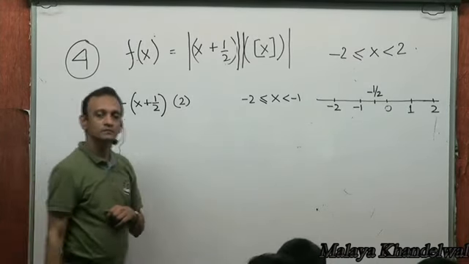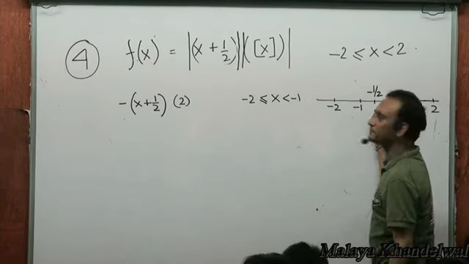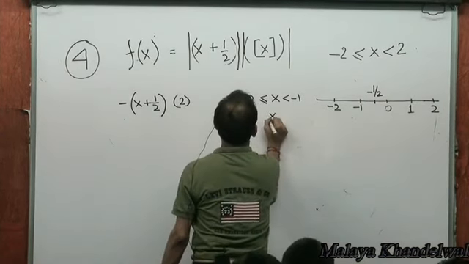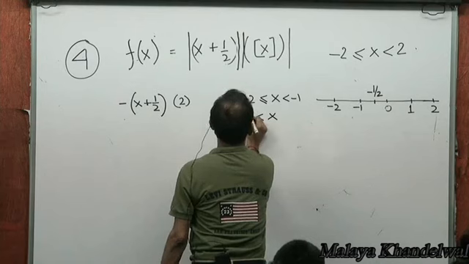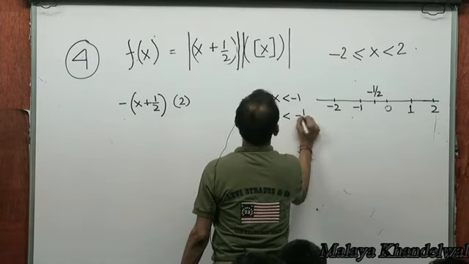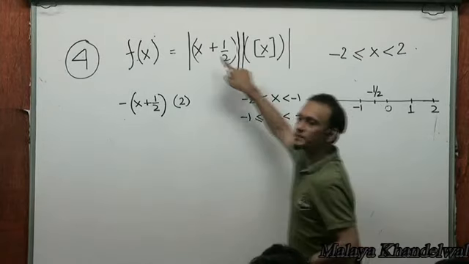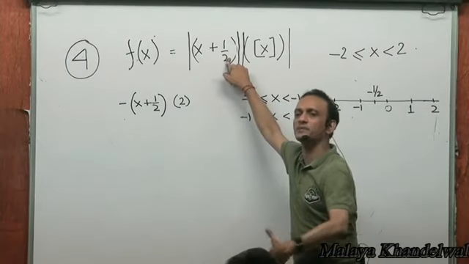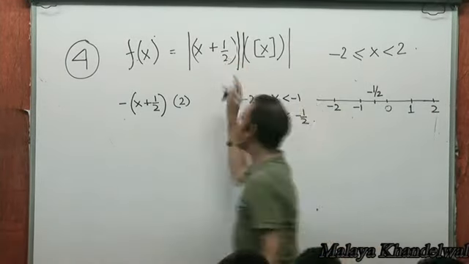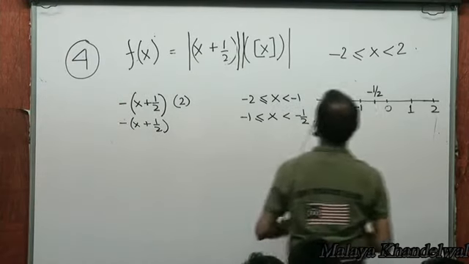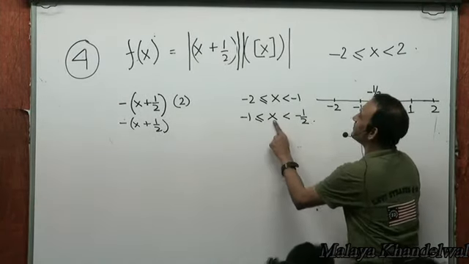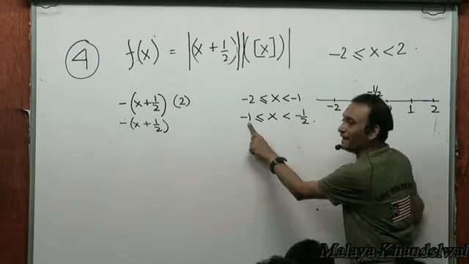Now, minus 1 to minus half. When x is less than minus half, x plus half is negative, and like before, mod x plus half would be minus of x plus half. And x in this interval means box x will be minus 1 and mod of box x will be plus 1.